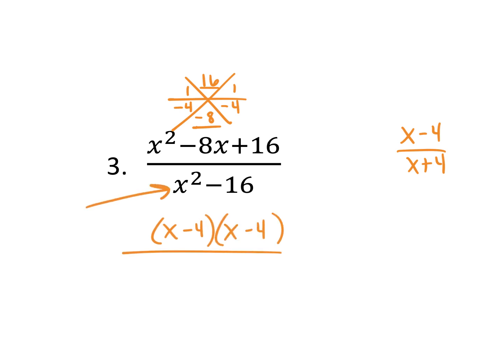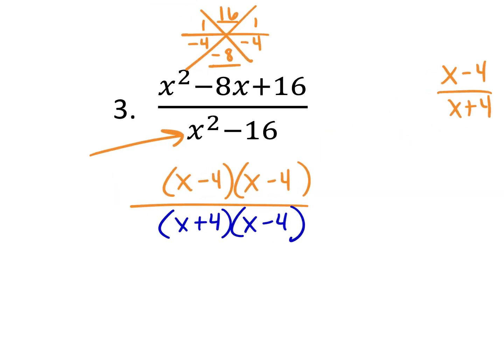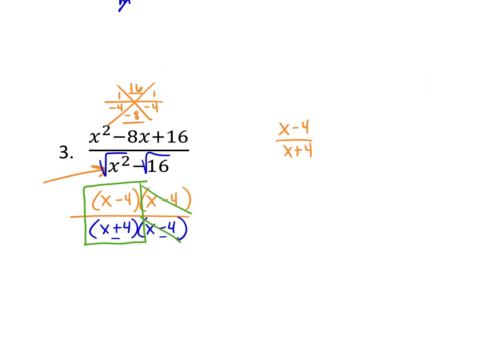How does x squared minus 16 factor? x plus 4, x minus 4, right? That's a difference of squares. It's the exact same one we did over here, okay? So you square root them, and one's a plus and one's a minus. What simplifies from here? The x minus 4. So really you're left with x minus 4 over x plus 4.